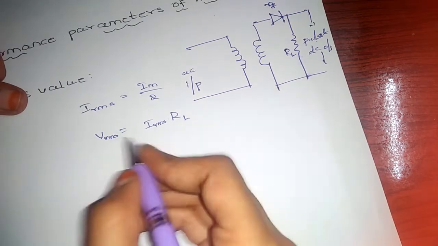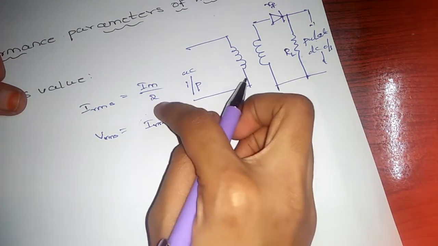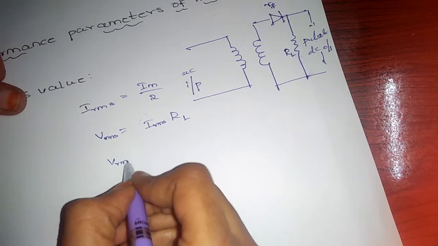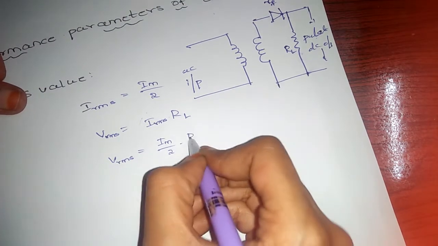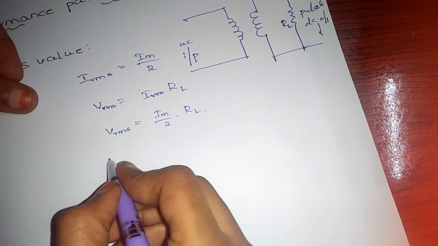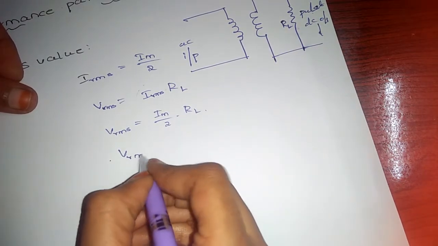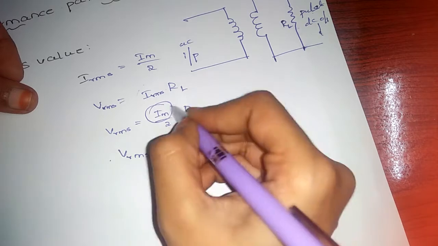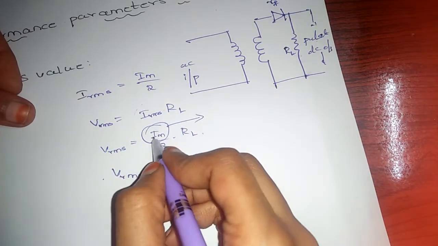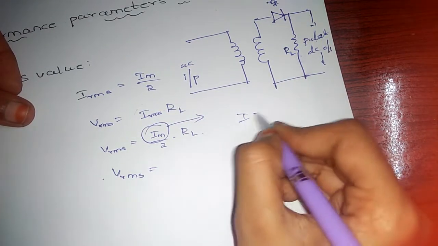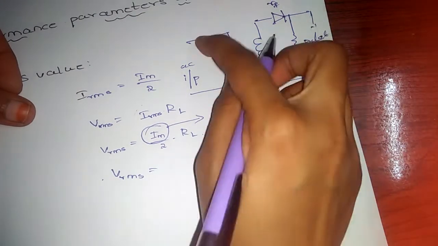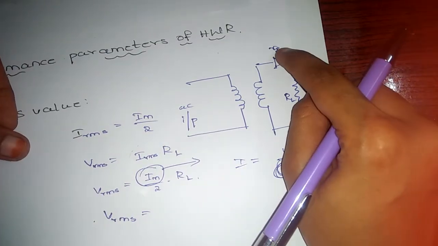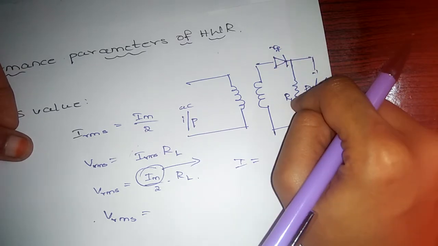Now we know that I_RMS is equal to Im by 2. Let us put this here: Im by 2 into RL. Then we can write Vrms. In general we know I is equal to V by R. What is the total resistance in the circuit? We have two resistors, RF and RL, so RF plus RL.